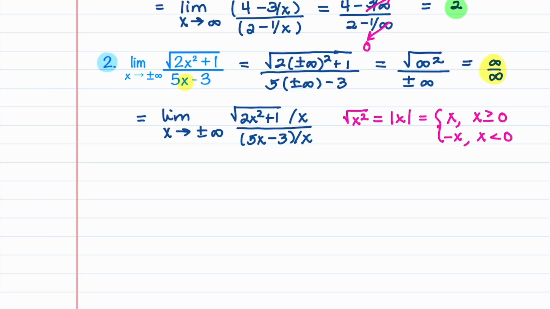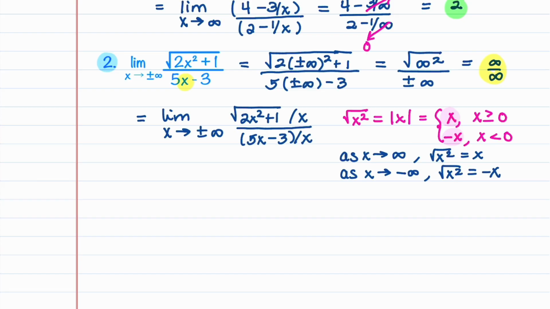This tells us as x approaches positive infinity, the square root of x squared is going to equal x. And then as x goes to minus infinity, we're going to look at the other piece, and we can write down that the square root of x squared is equal to minus x.